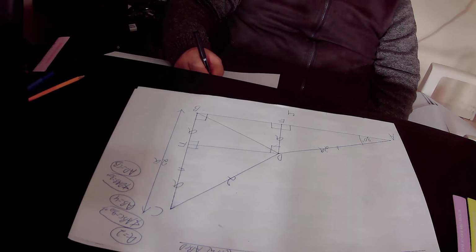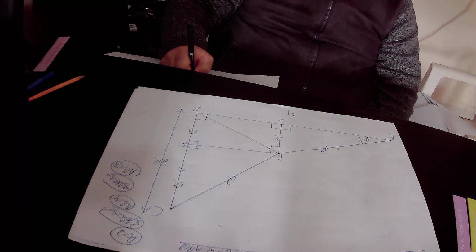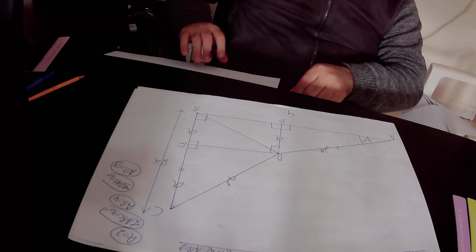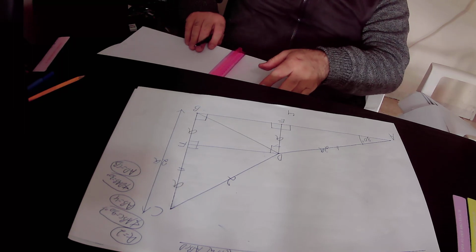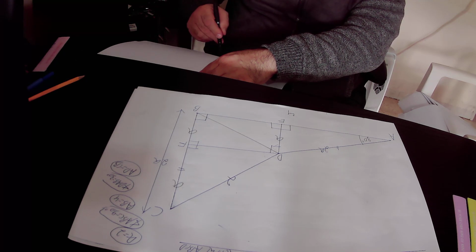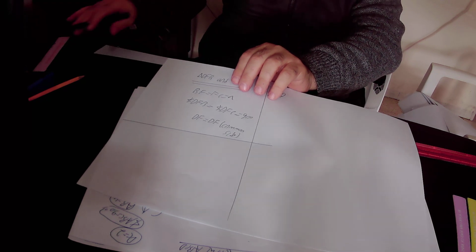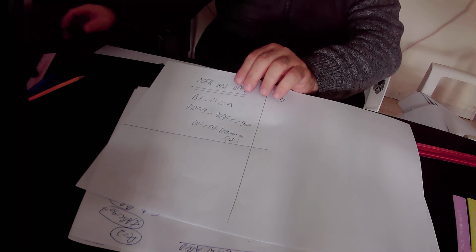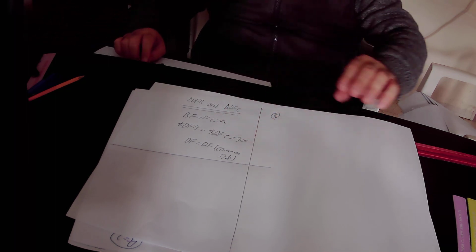DF equals DF is a common side that belongs to both triangles.